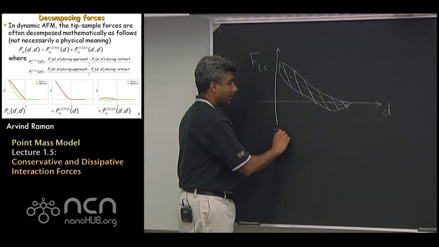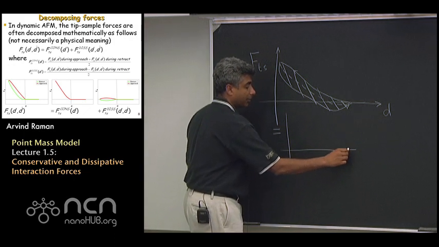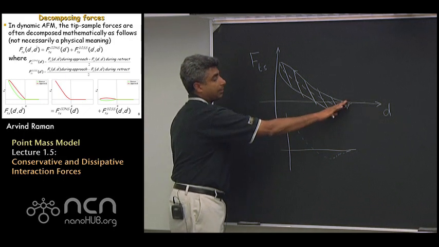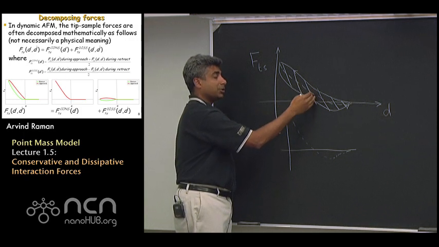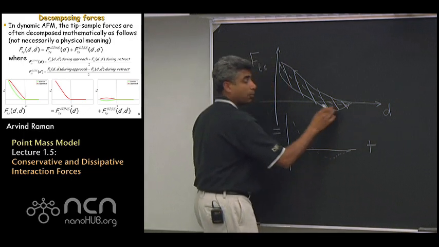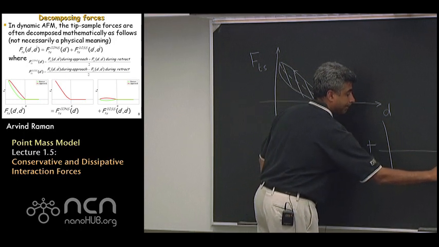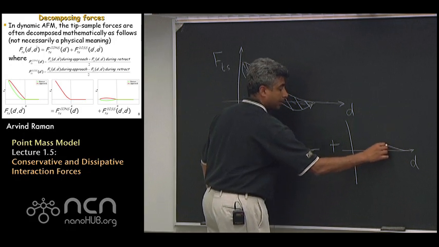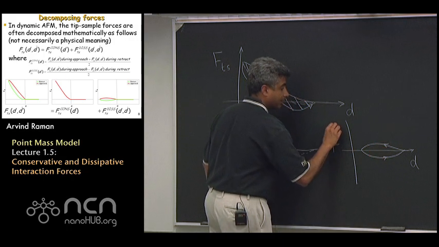So I would rewrite this as the sum of a force that follows the average of the force between the approach curve and the retraction curve, plus whatever remains, which would be a purely hysteretic loop that does this.